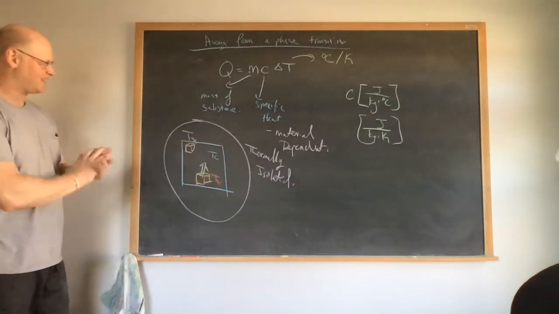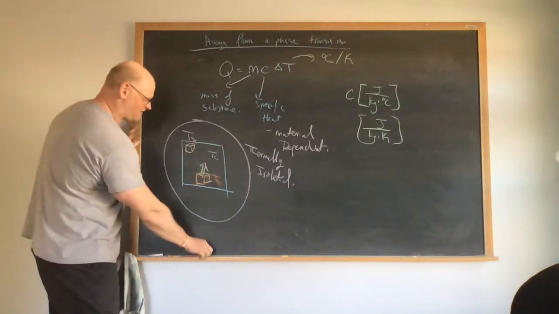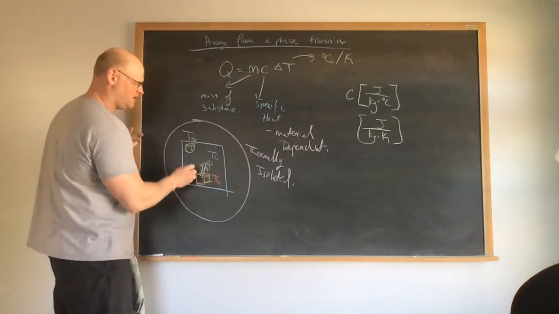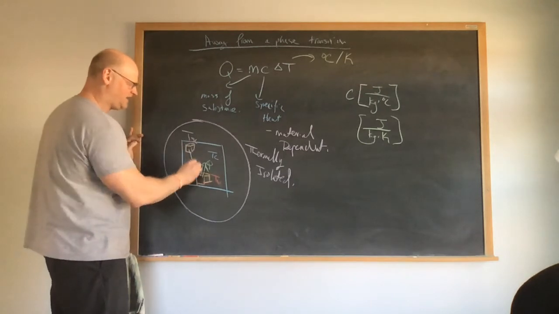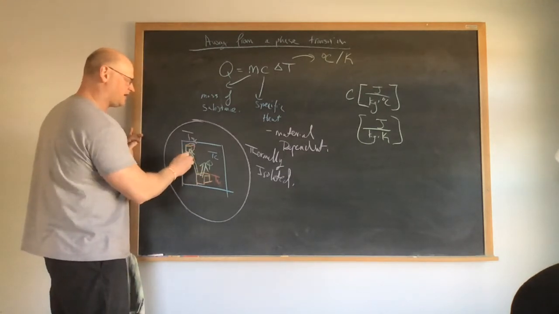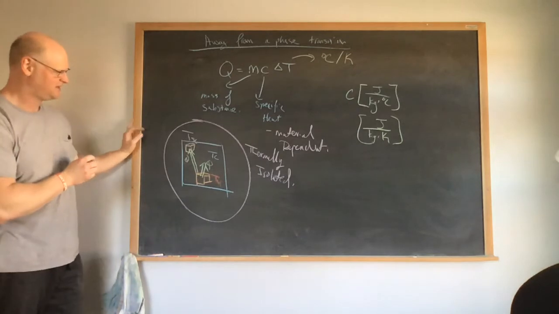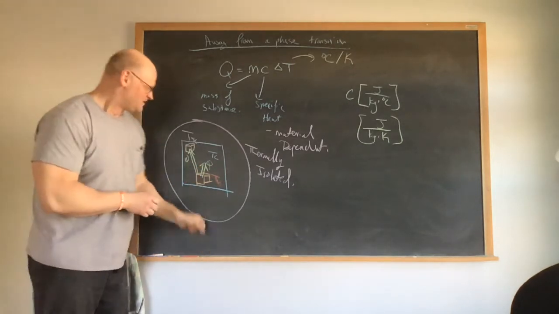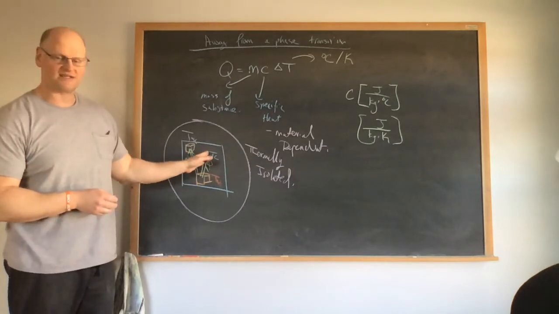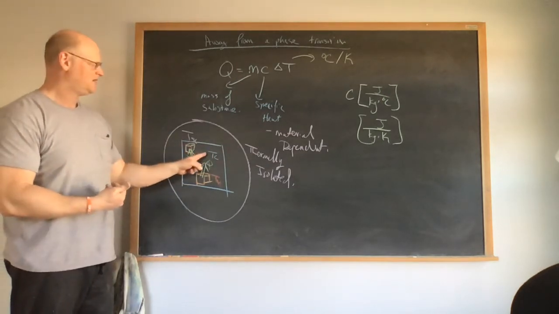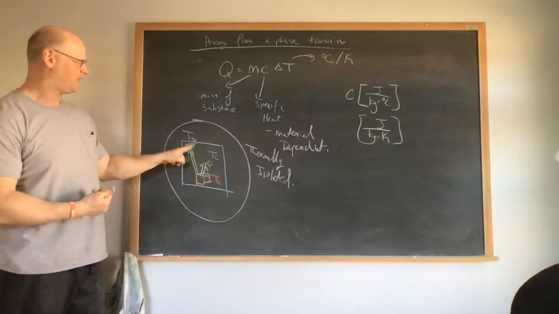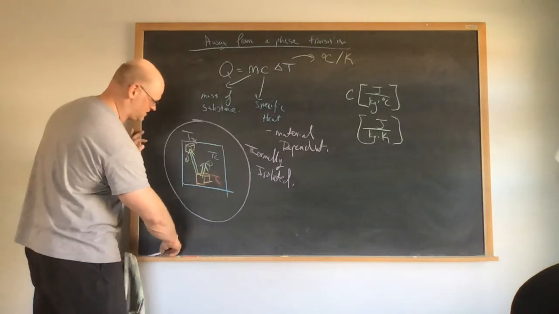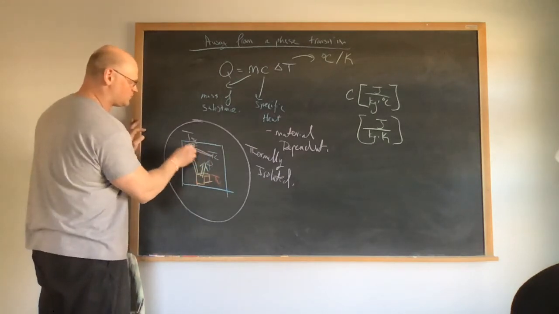So what will happen in this case is basically the same thing. I'm going to have heat flowing out of the aluminum into the water, but it's also going to have heat flowing out of the aluminum directly into the ice. So I get some heat flowing here, I get some heat flowing here. As the water is increasing its temperature, it's still at a higher temperature than the ice, which means that some of its heat also is going to go directly into the ice.